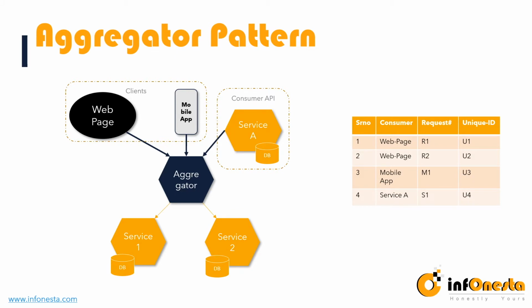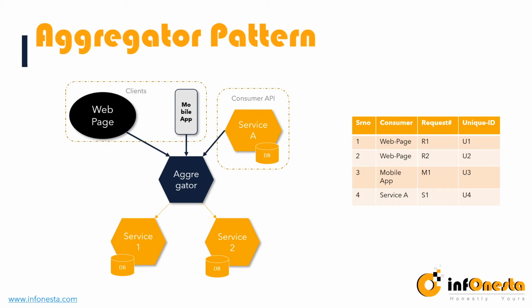Aggregator waits for all the services to respond, so it's a composite service. Aggregator can massage and combine the data from different services when it sends the response to its consumer service. As per this example, the consumer could be any client, such as a web page or a mobile app or even some other consumer microservice.